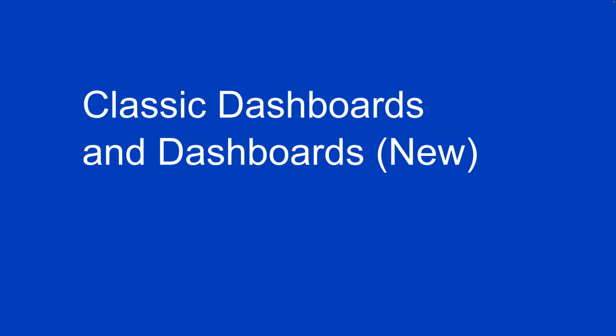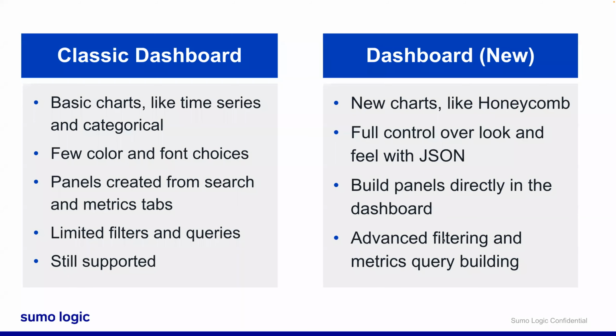So previously, in the old days, not that long ago, Sumo Logic used to have only one dashboard available. And when we say one dashboard type, you could create many different dashboards, but we'll talk about the new and the old. And that dashboard system is still available, and we call it Dashboard Classic.